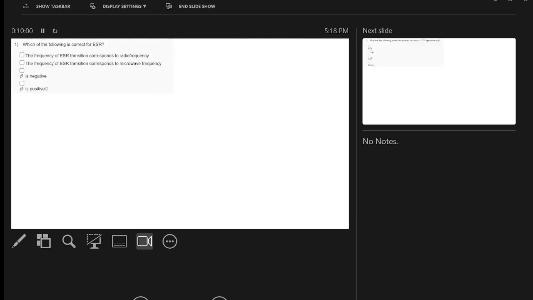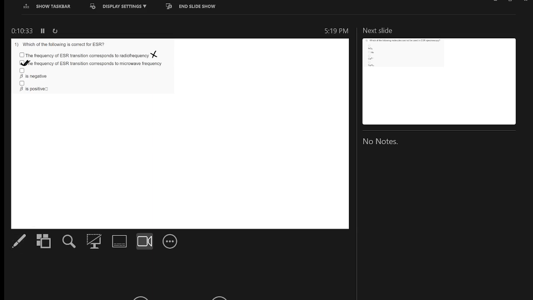Now the next slide. Which of the following is correct for ESR? In the given options, which option is correct for electron spin resonance spectroscopy? The first: the frequency of ESR transition corresponds to radio frequency. Wrong. We saw in the first slide that for the transition to occur in ESR we need microwave frequency. The second option is correct.